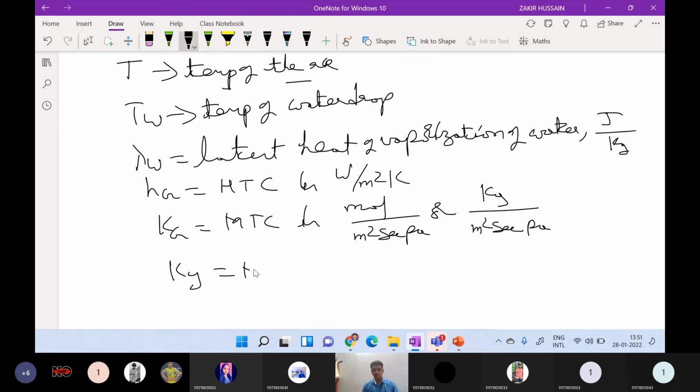Ky is also a mass transfer coefficient, measured in the same units, moles per meter square second, where the driving force is mole fraction.